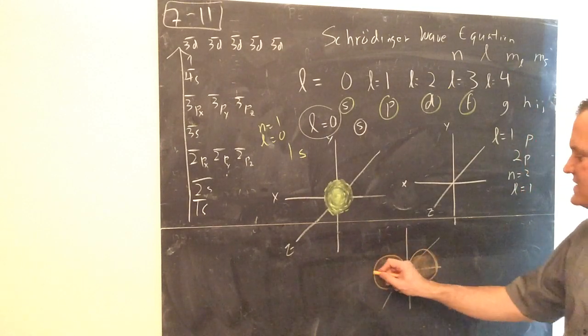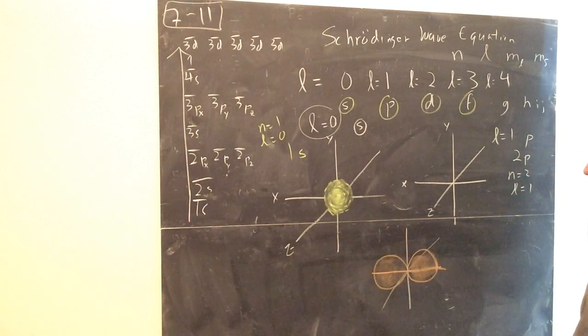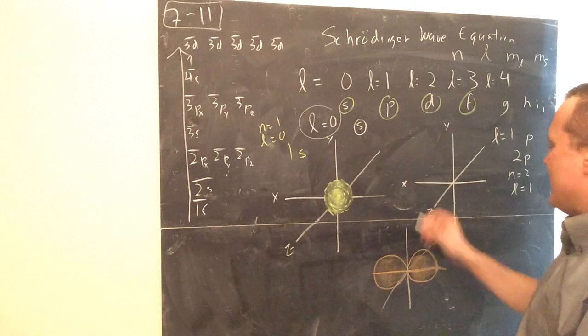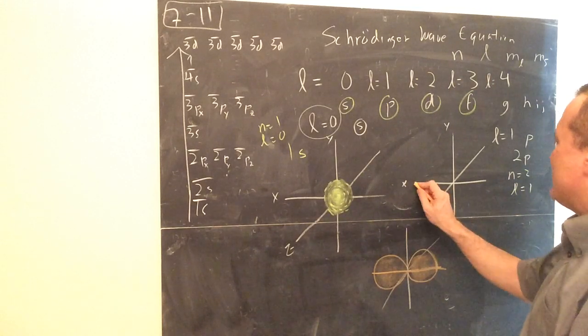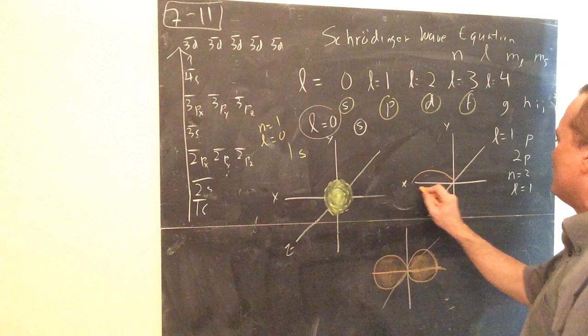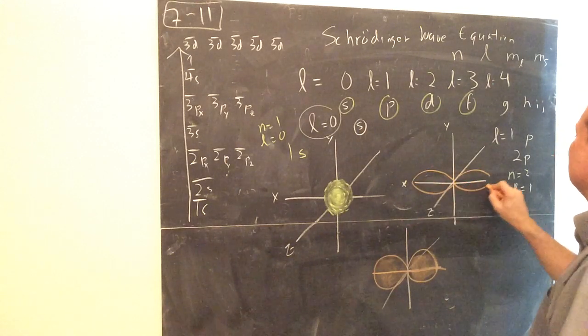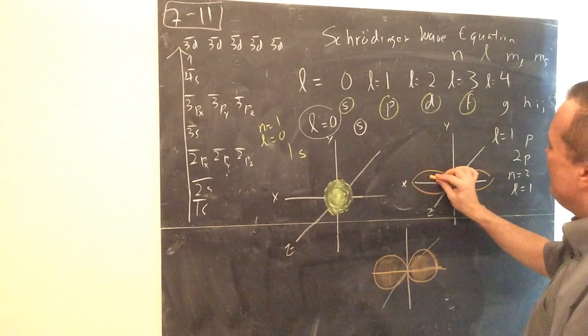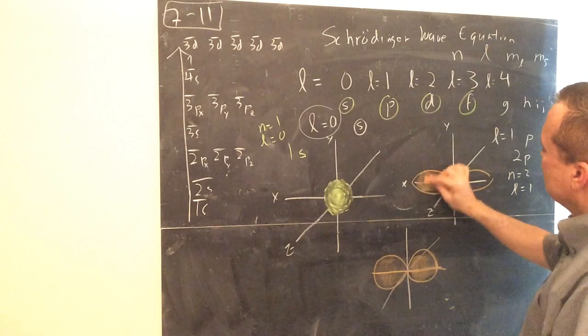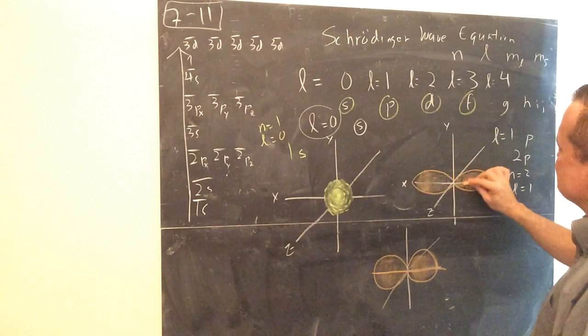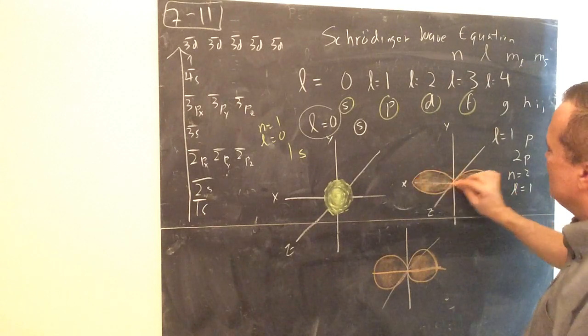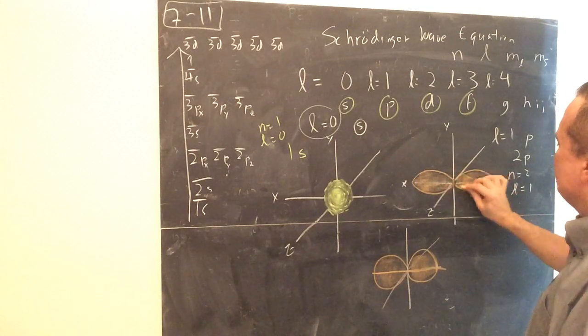Now, that is only located on the x-axis. It's okay to draw it that way, but I sometimes draw it a little bit more thin, like a flower petal. That would be called PX, the PX orbital.